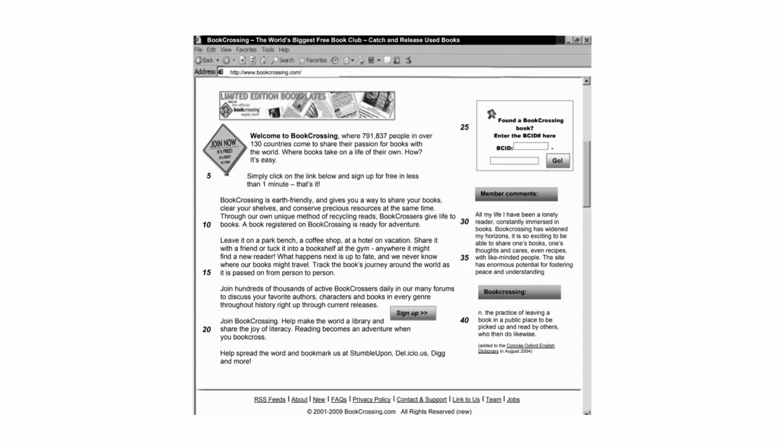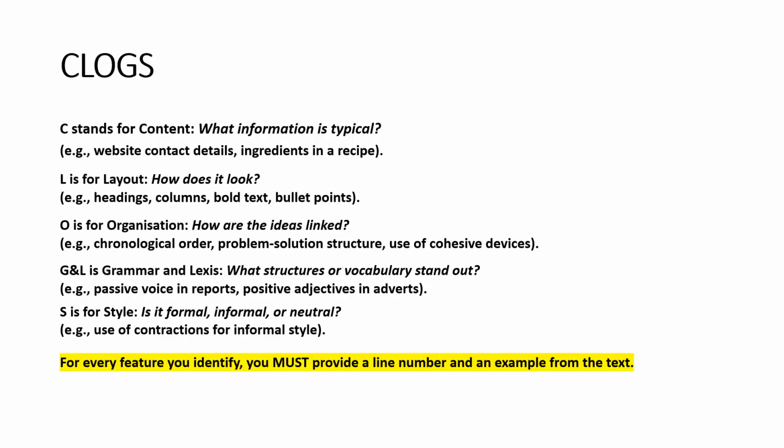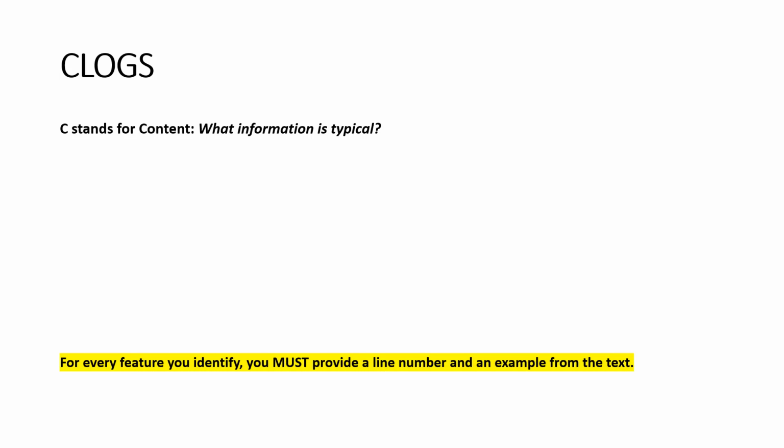Okay, so let's have a look at this one first. This is one of the questions from past papers. In this task, for part 1, they ask you to identify features of the text specific to its genre. So all Delta candidates will think of it like CLOCKS.